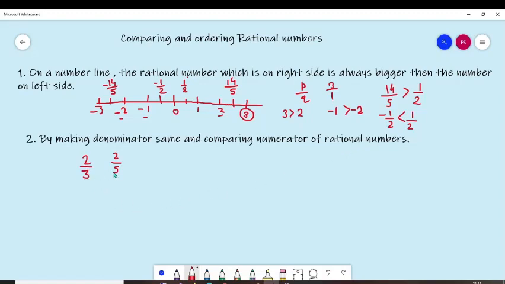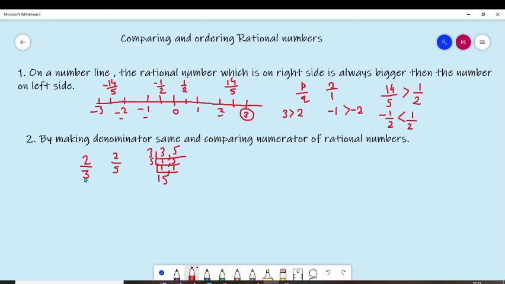Here the denominators are different. This denominator is 3 and this is 5. So what will we do? We will take the LCM of 3 and 5. If we take the LCM, 5 3s are 15 is the LCM, right?